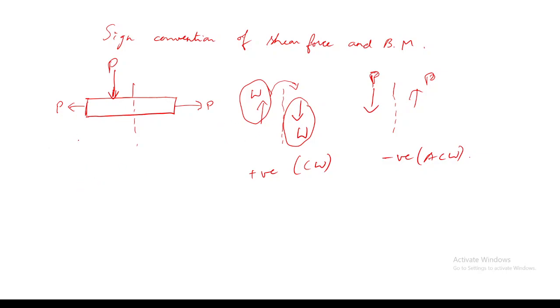Now coming to the bending moment diagram. For example, I have a cantilever beam like this, and I have a moment reaction like this, some value of M. Now I am taking a particular cross section and examining in which direction this moment is acting on the left hand side, whether it is clockwise or anti-clockwise.